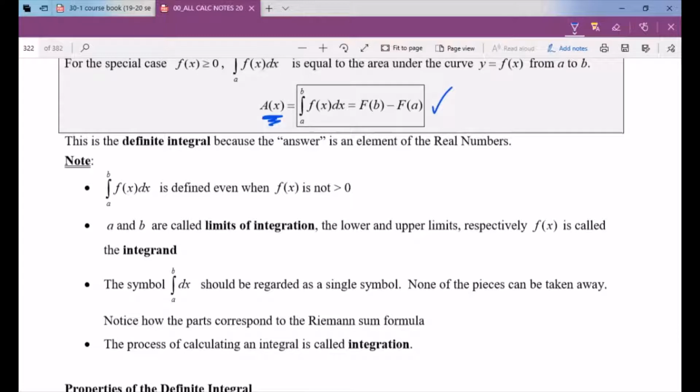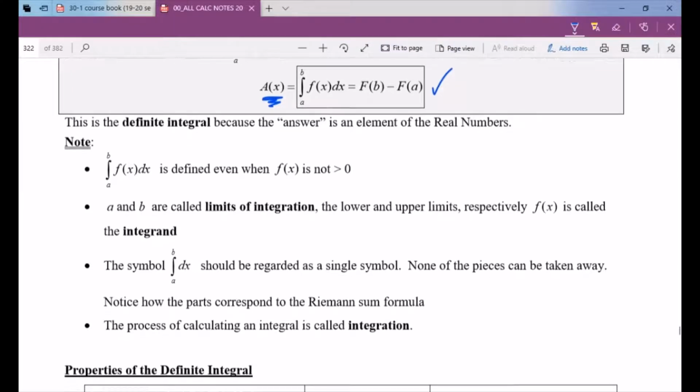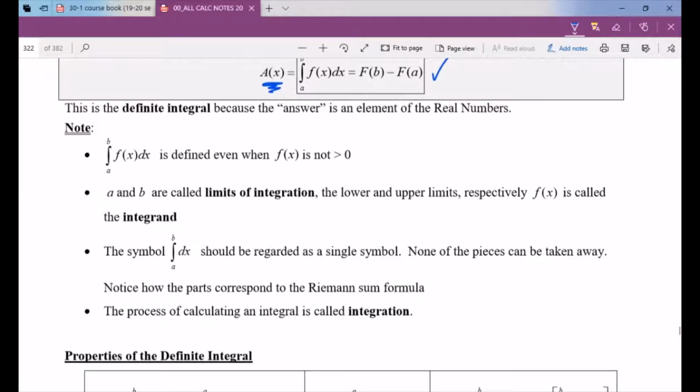And then just a few different notes about this. It is defined even when the function is not greater than 0. So this will work for a function like this. If here's a here, here's b over here, we end up with this area, and we end up with this area.